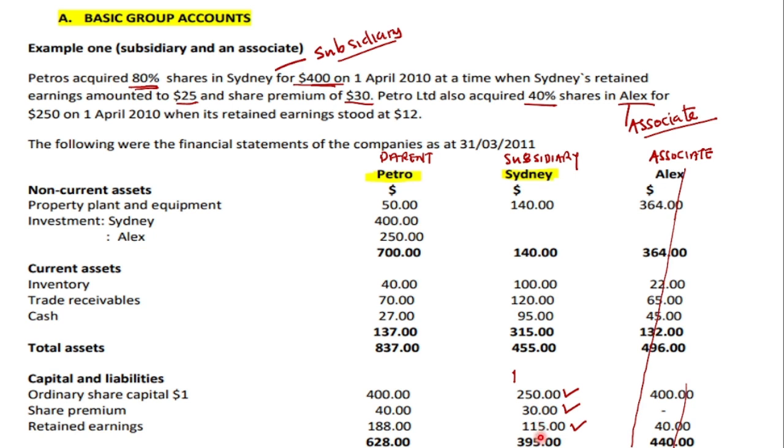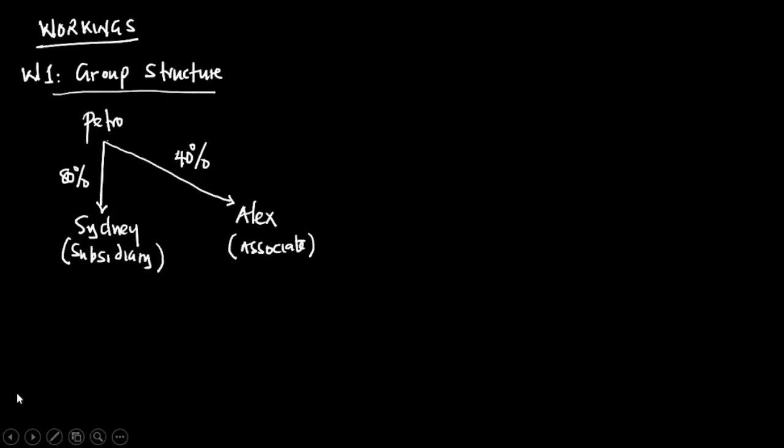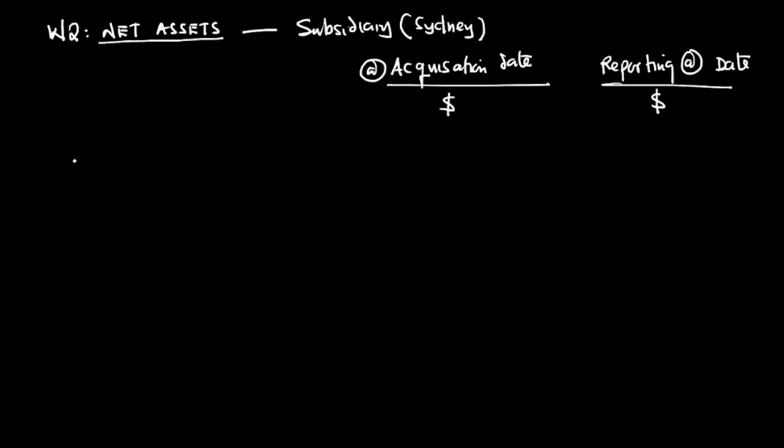Great. So let's go to the solution. Okay, the net assets. So you come in here. You have share capital, the 250. As I mentioned, this is constant.